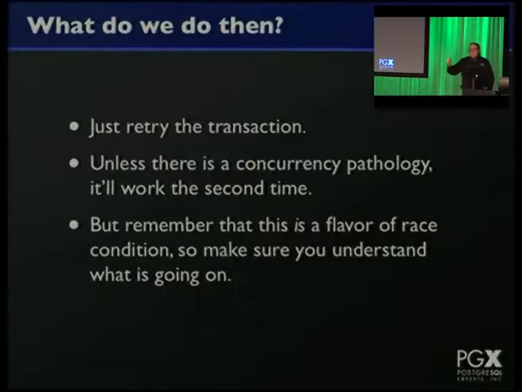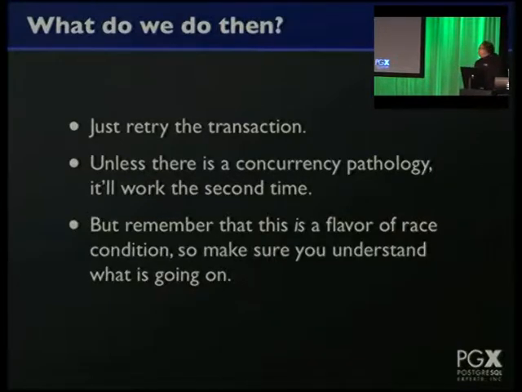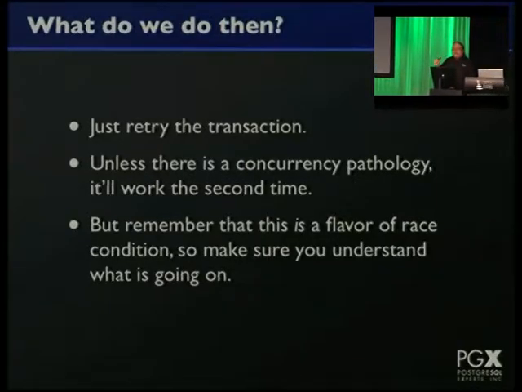Two things are trying to nail the same tuple at the same time. So you should probably understand pretty well why you got that error. It may be benign. It may just be that in that particular workload, different things are updating the system repeatedly. Like you have a singleton record with a counter in it, and lots of different things are pounding on it. I hope you're not doing that, but that's one case where this happens.